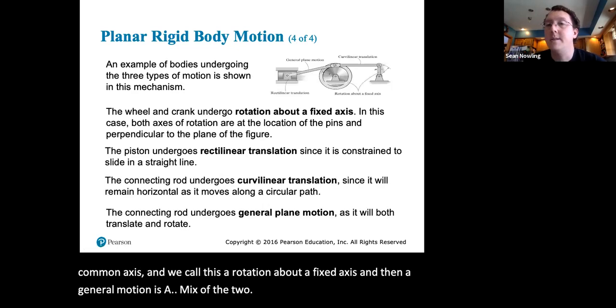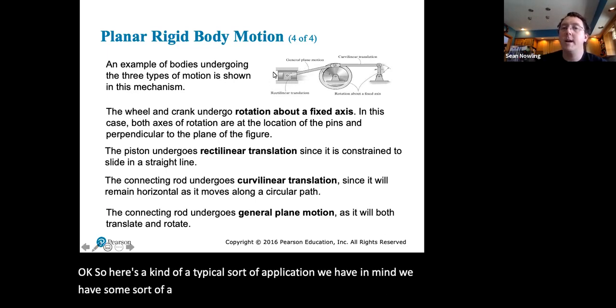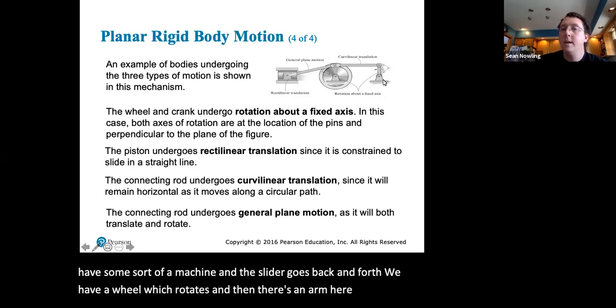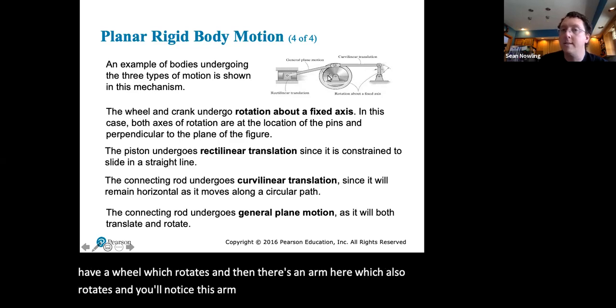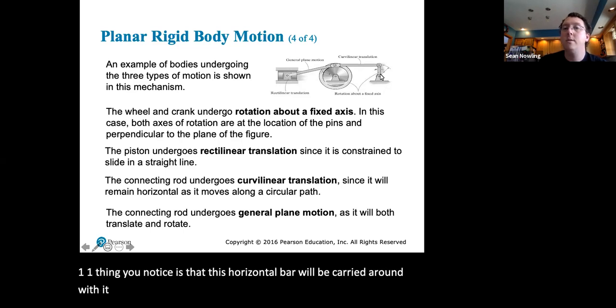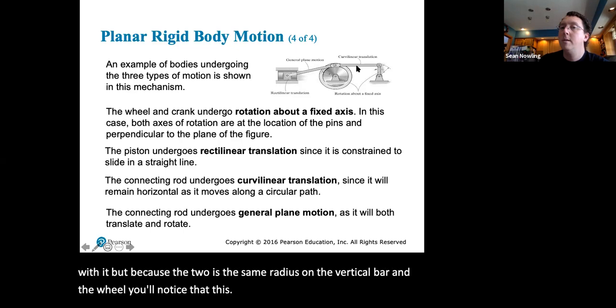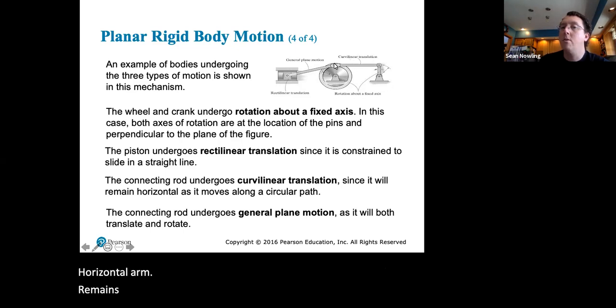So here's a typical sort of application we have in mind. We have some sort of a machine, and the slider goes back and forth. We have a wheel which rotates, and then there's an arm here which also rotates. And you'll notice that this arm has the same length as the radius of the wheel. As these objects spin, this horizontal bar will be carried around with it, but because the vertical bar and the wheel have the same radius, this horizontal arm remains level to the ground all the way around.